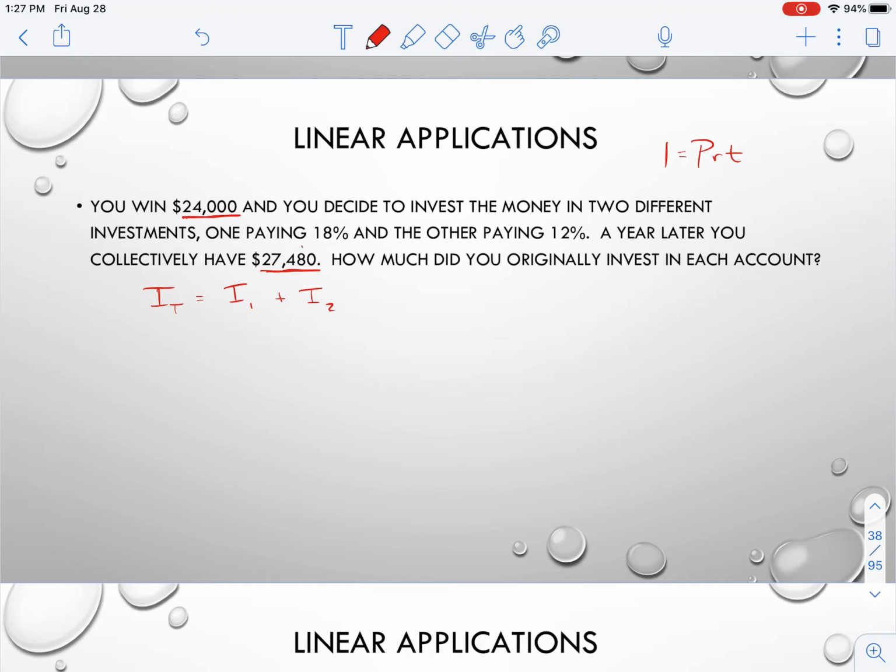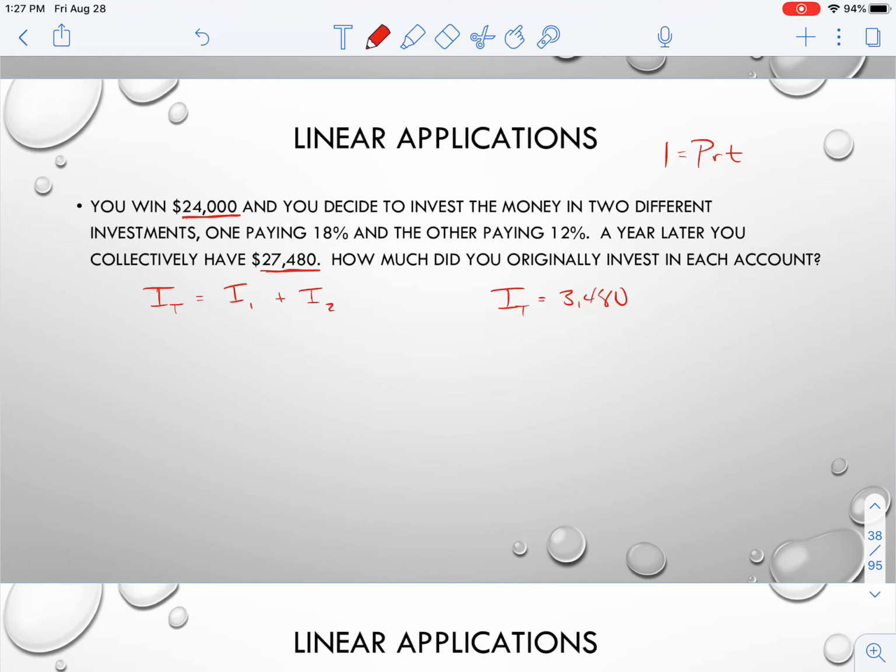My principal and interest minus my principal will give me the interest amount. So here, I think you guys can see that my interest total that I've earned in that 1 year is $3,480.